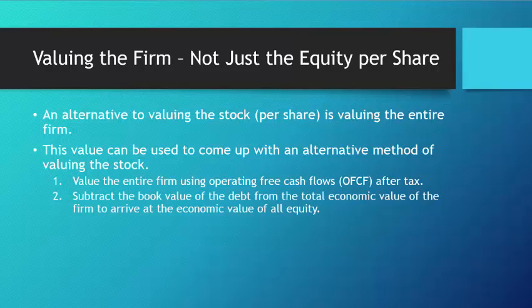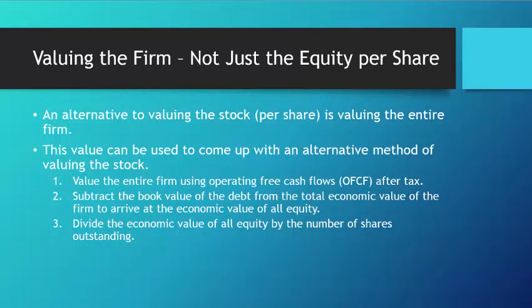Once we get a value for the entire firm, we tend to subtract out the book value of all of the liabilities. If we do that, we'll get the total economic value of the firm to the equity shareholders.